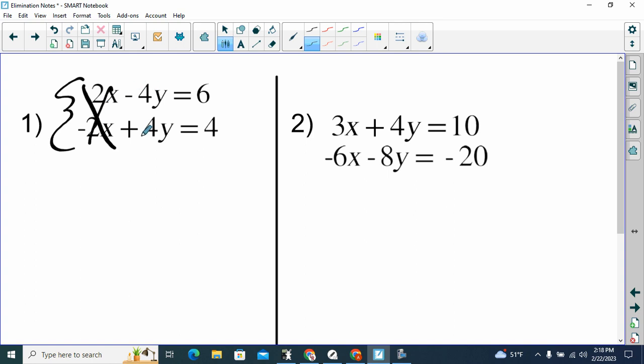Negative 4y plus 4y, those also eliminate. Equals 6 plus 4 is 10. Everything canceled on this side. It means on this side I have 0. 0 equals 10. Well, it doesn't. 0 is never equal to 10. No matter what x and y are, 0 is not equal to 10. There is no solution.